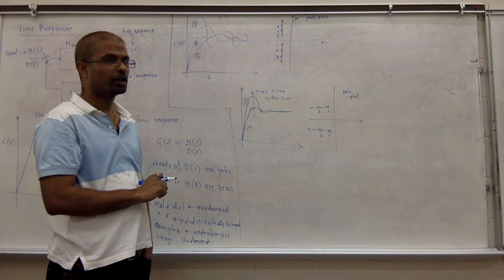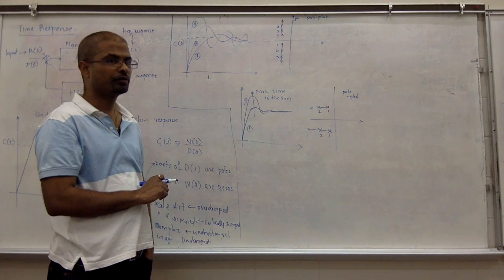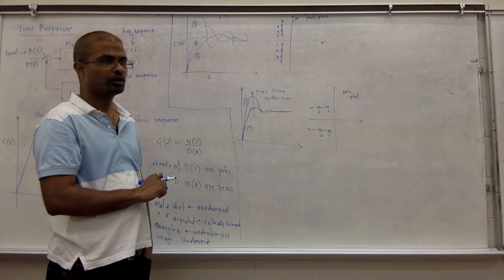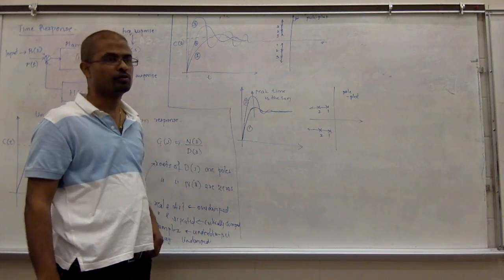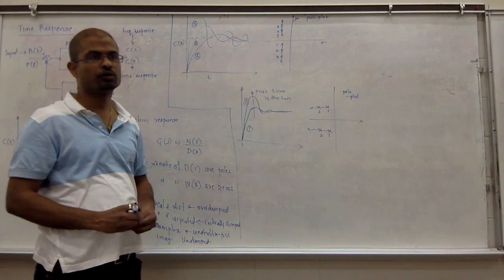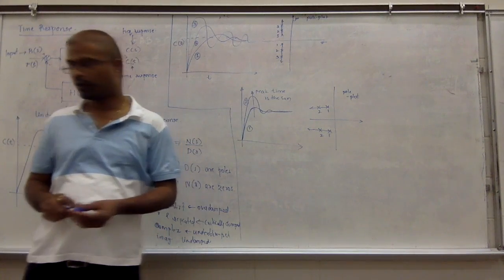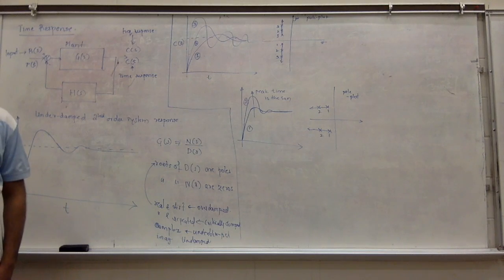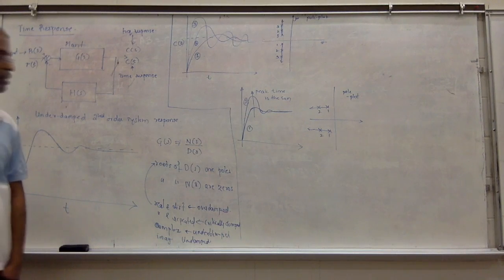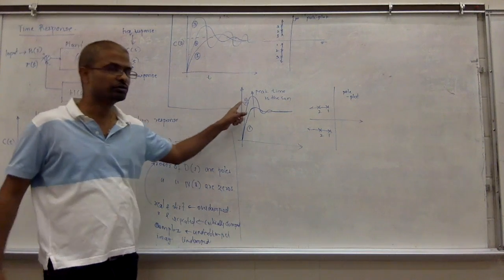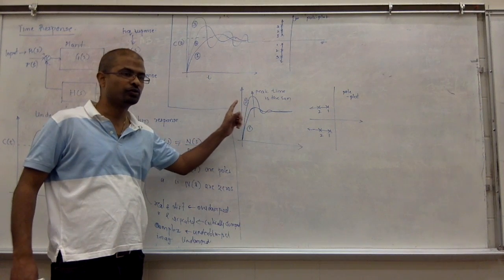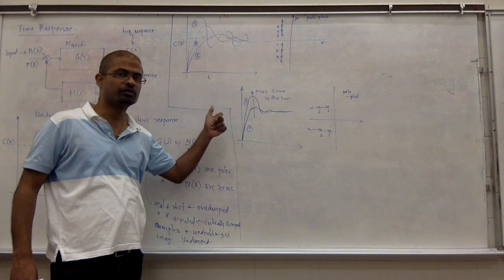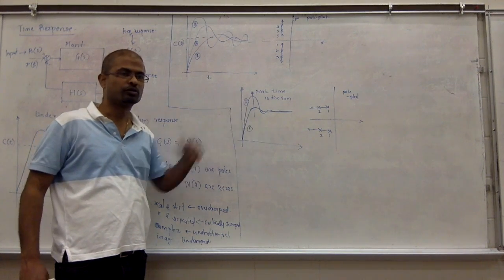So if you're looking at really designing very high speed vehicles, you will go for this system 2. A lot of your vehicles come with this rating, 0 to 60 in so many seconds, right? So that rise time is related to that. So if you want very high acceleration, you will go with system 2.